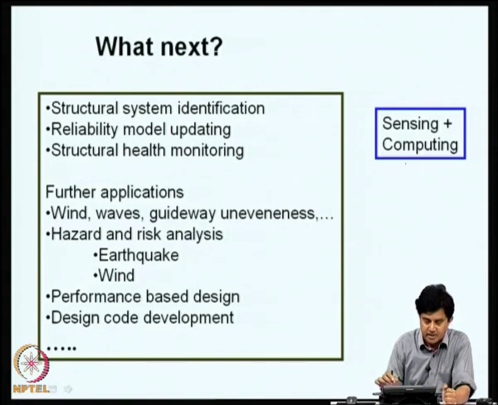Now, we have instrumented buildings which measure the actions on the structure as well as the corresponding structural responses, and we would like to know the condition of the structure based on these measured actions and responses, and that subject belongs to the study area of structural system identification.